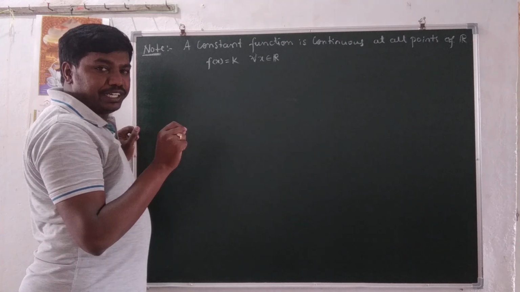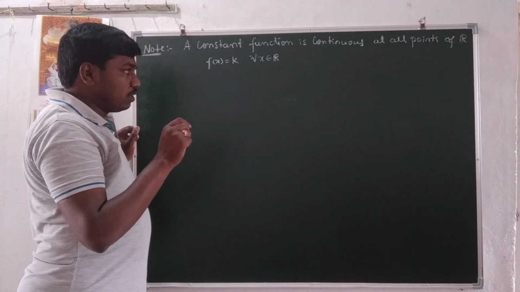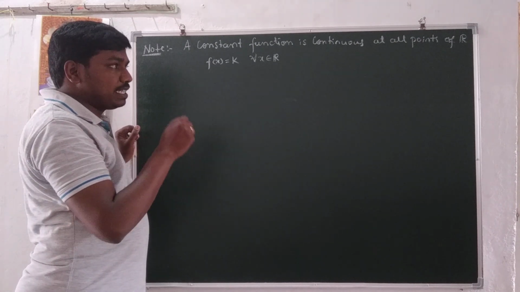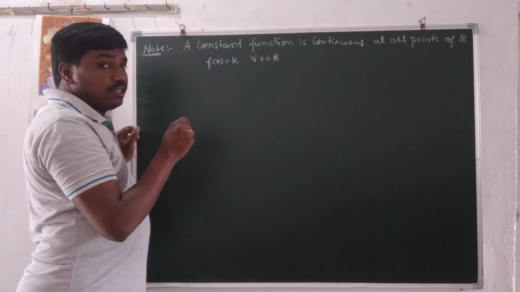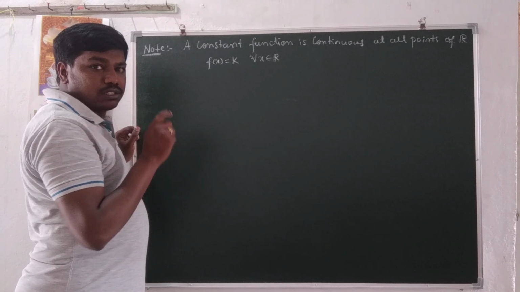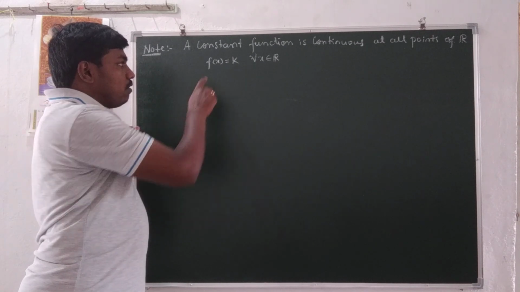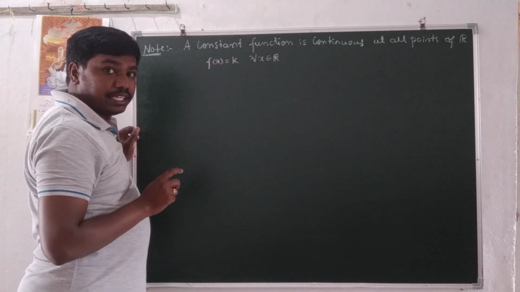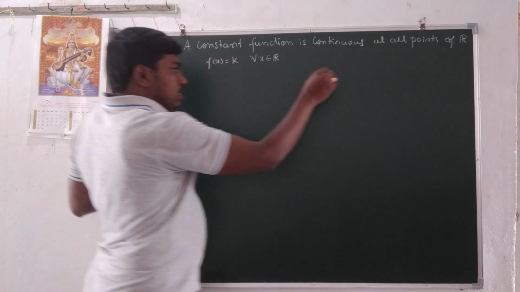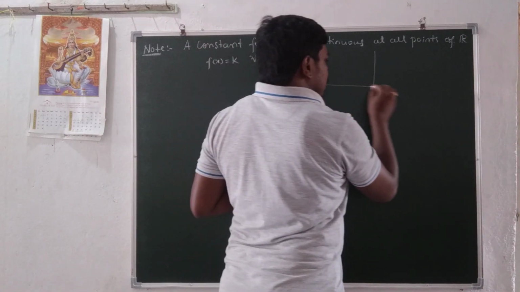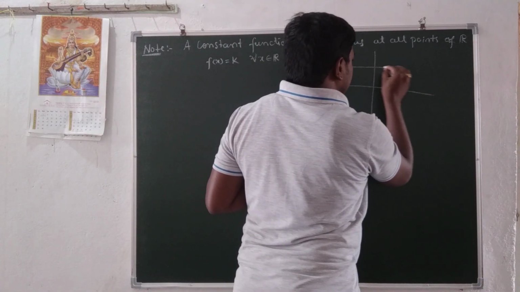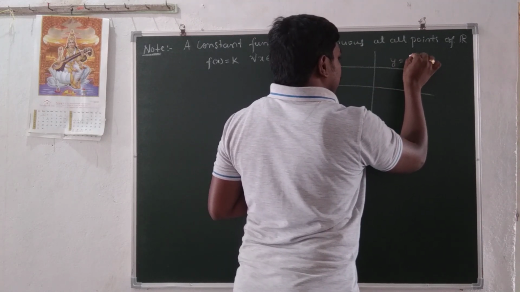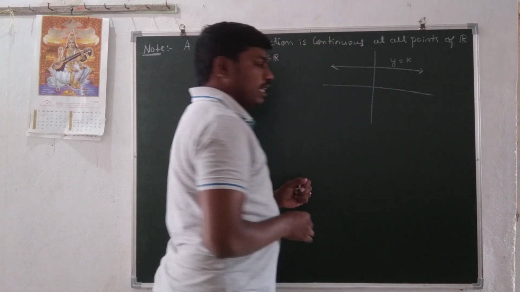There is no point of discontinuity. None of the points on R is a point of discontinuity for a constant function. Every point of real numbers is continuous because this is a constant function. Its graph is y is equal to k, that is f of x is equal to k, right?